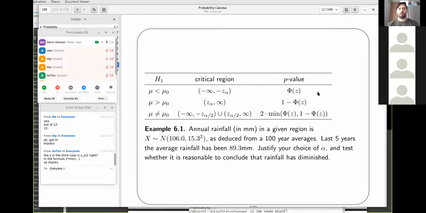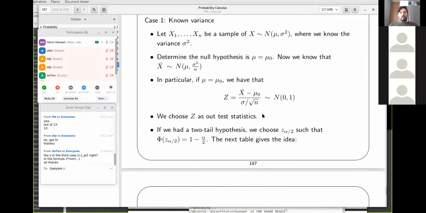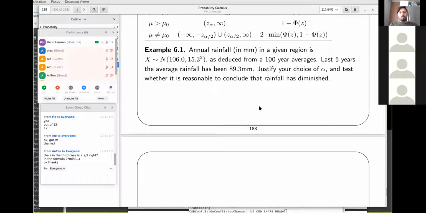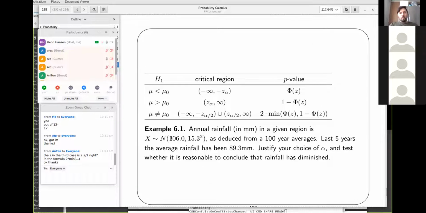How you go about this, however, is that you first determine your test statistic. So let's think about the test statistic here. We are given this, so we define this. Our null hypothesis now would be that mu is in fact 106. So that's our null hypothesis, now formulated.